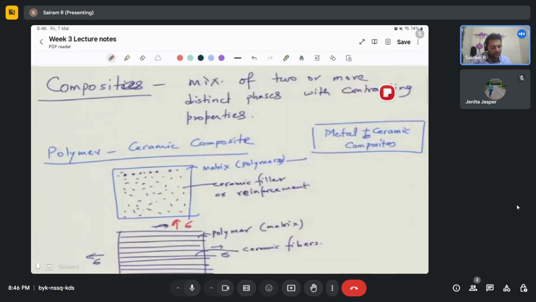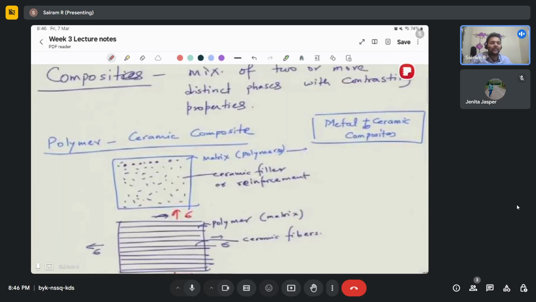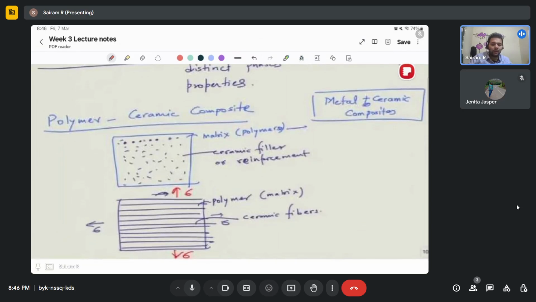There can be multiple classes of composites depending on how they are made and how they are used. What is basically a composite is that we need a major phase in which there is going to be some reinforcement, some addition, which is going to help us improve the property of this main phase, right?